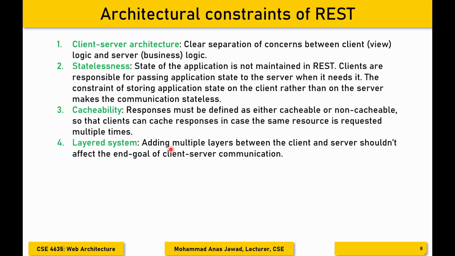What the client is only aware of is the end result that it receives from the server, right? So the introduction of multiple layers between the client and server should not hamper the end goal of the client-server communication, that is, what the client actually receives from the server.